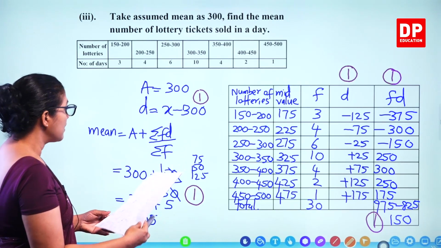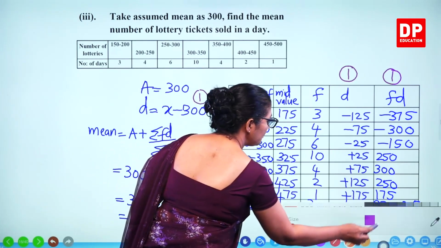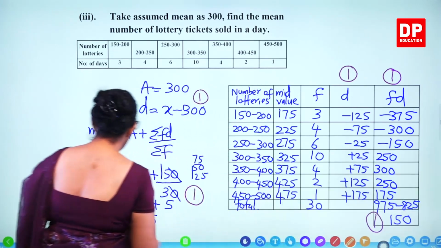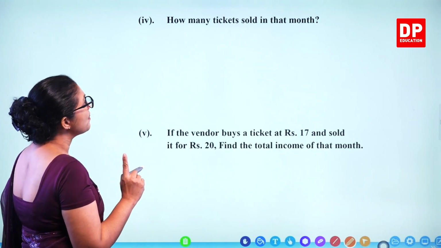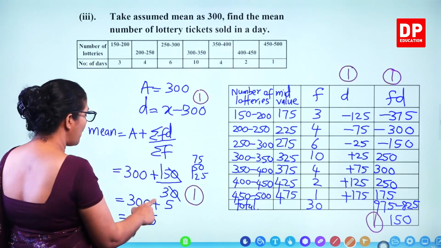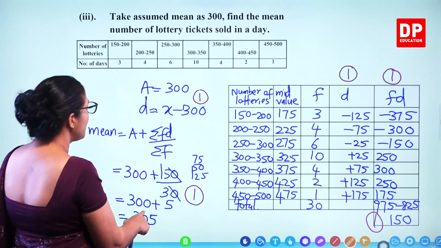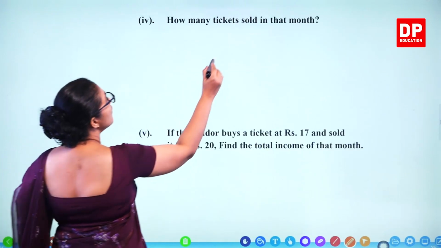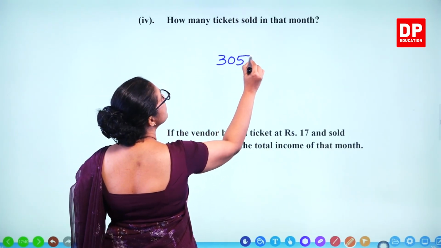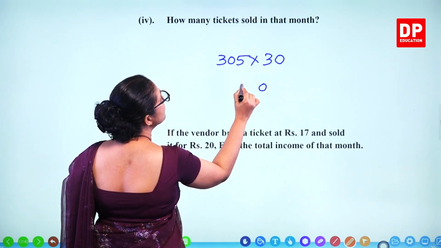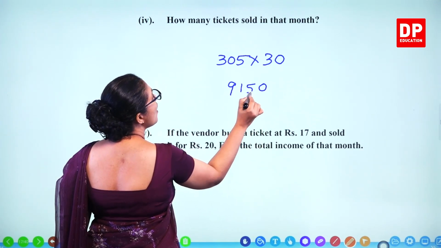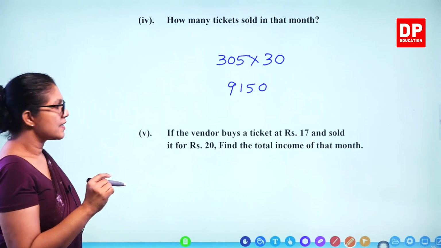Now let's take the next one. How many tickets sold in that month? So this is per day, 305. 30 days, you can multiply by 30. 9,150 tickets.